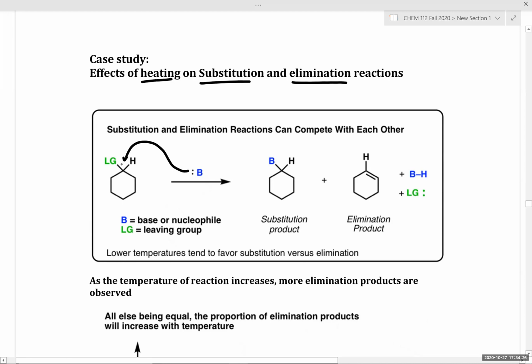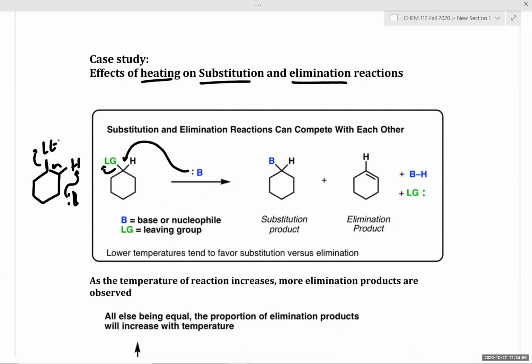We can either have straightforward substitution where our nucleophile attacks and our leaving group leaves, or, as an alternative, if we're looking at the elimination pathway, we have abstraction of a proton and elimination of our leaving group. So there are two potential pathways at play.